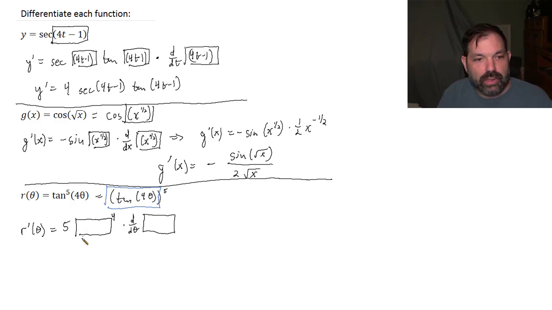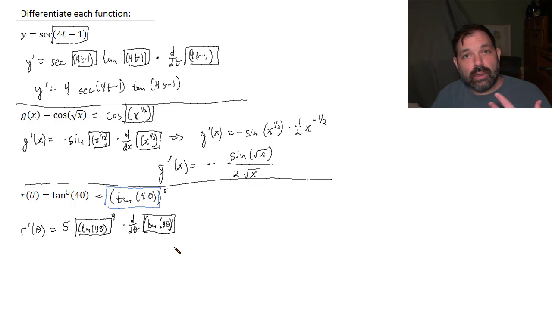All right, so let's fill in the somethings, the boxes. That's the tangent of 4 theta, and then that's, again, the tangent of 4 theta. But now, if we think of how we would calculate the derivative with respect to theta of tangent 4 theta, I'm again going to have to use a chain. So now I have, again, a composite function. Let's think of instead of a box, that 4 theta as being in a triangle.